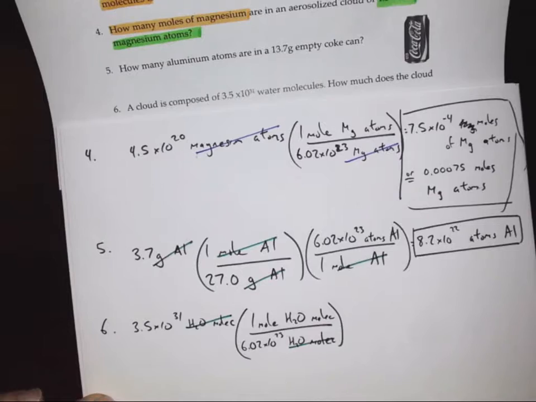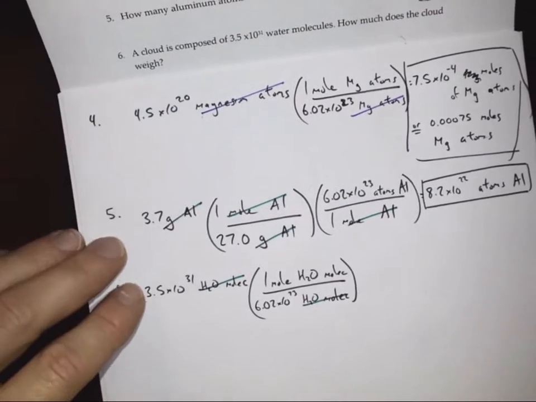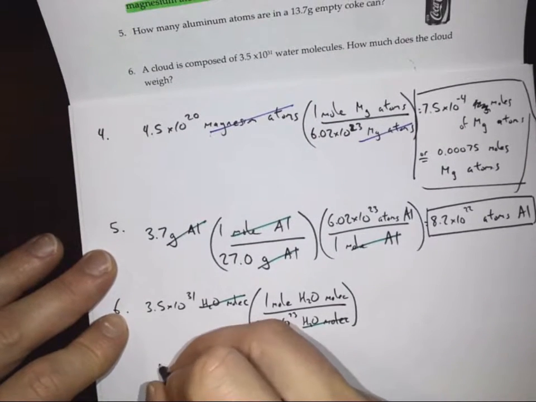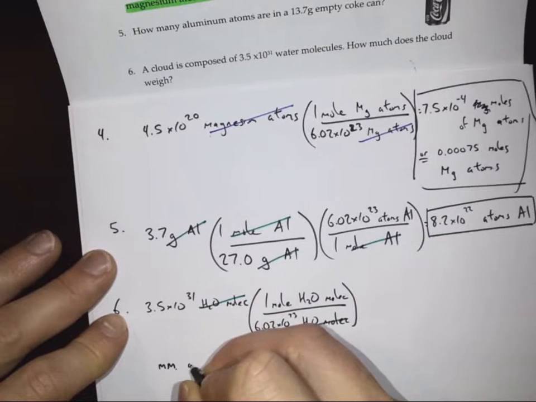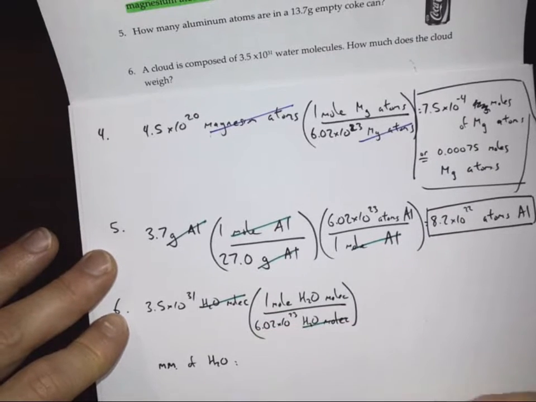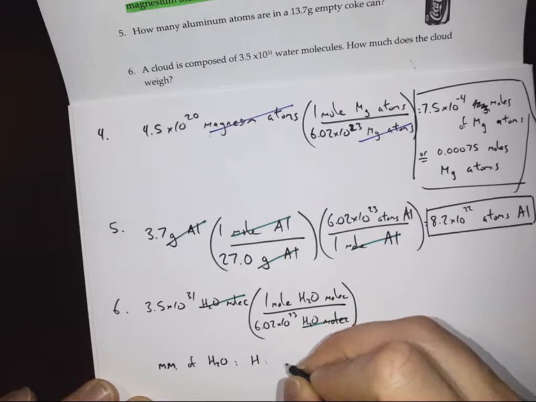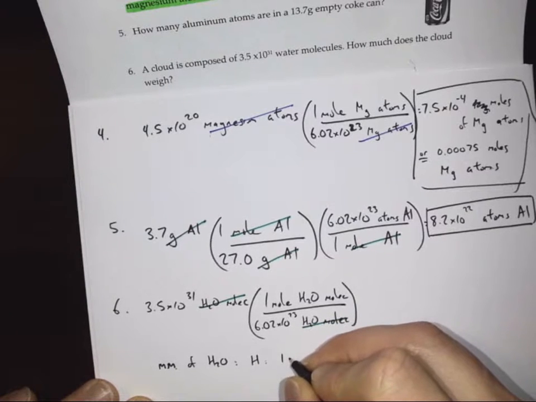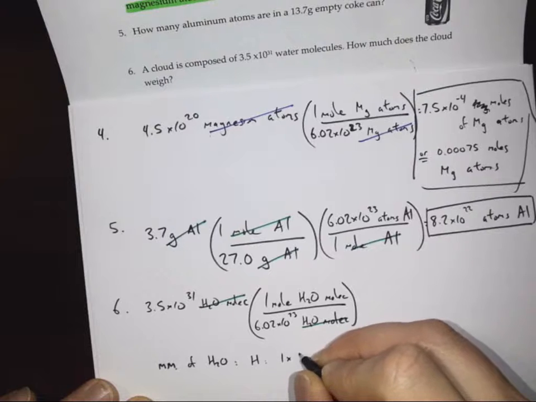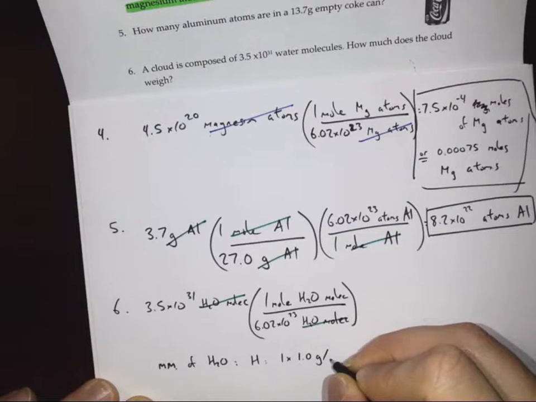So to find the molar mass of water, I'm going to look at my periodic table and say, okay, for my H's, I've got 1 times 1.0 grams per mole.